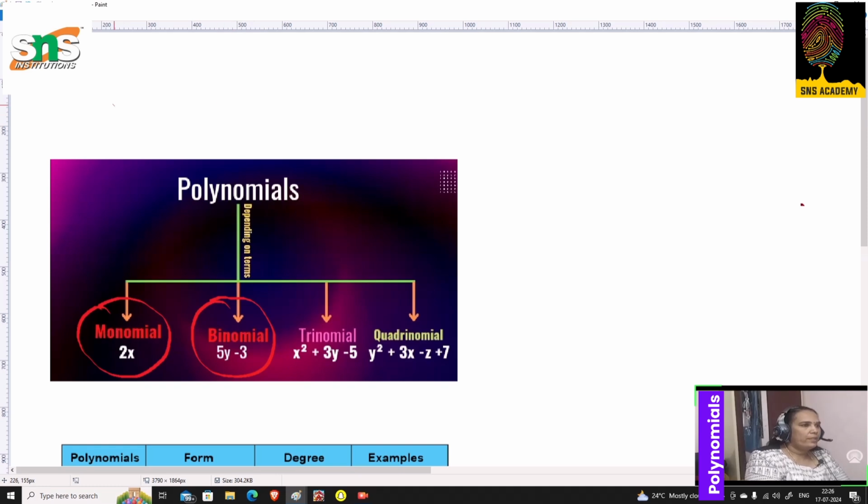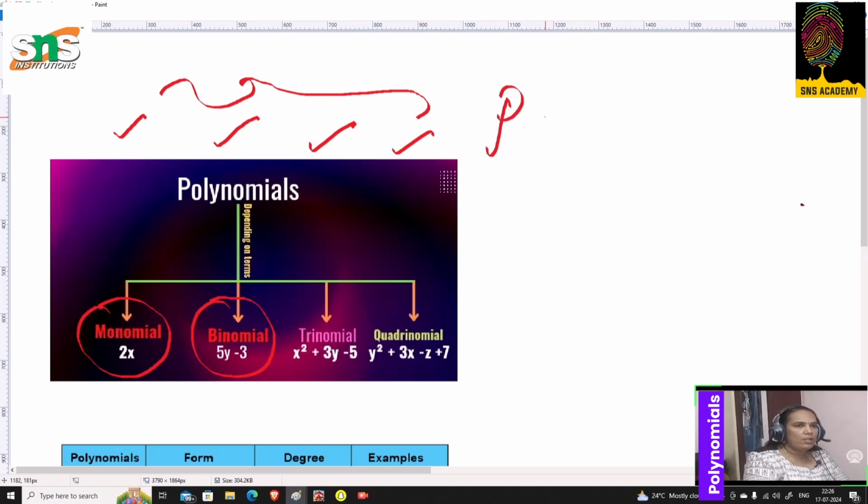But generally, whether it is a monomial, binomial, trinomial or quadrinomial, whatever else, everything together we call a polynomial. So according to the number of terms, we have 4 divisions that we learned in this class. The next one will be the types of polynomial according to the degree of the polynomial.